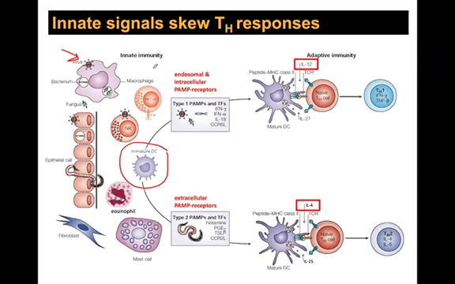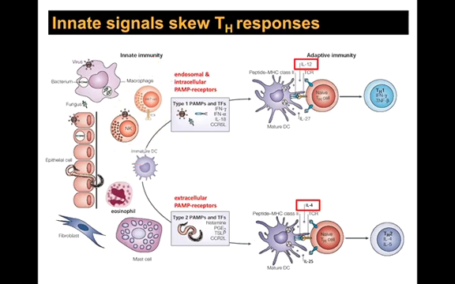In that context, you also have other cells sitting there that are going to make cytokines to influence this. So NK cells and NKT cells will make things like interferon gamma. That is directing the response to become a response against intracellular pathogens.